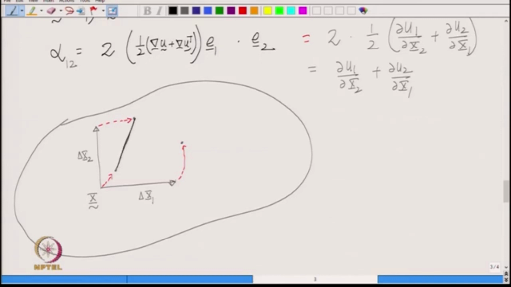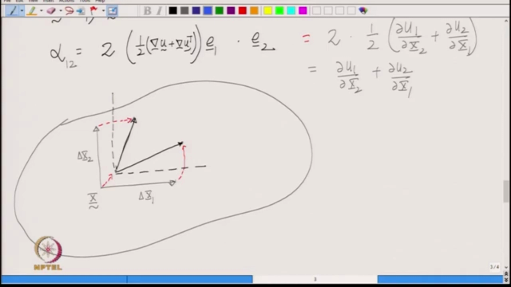That is the line element after deformation. So, I will draw these horizontal and vertical lines, and notice the change in angle between these two line elements.